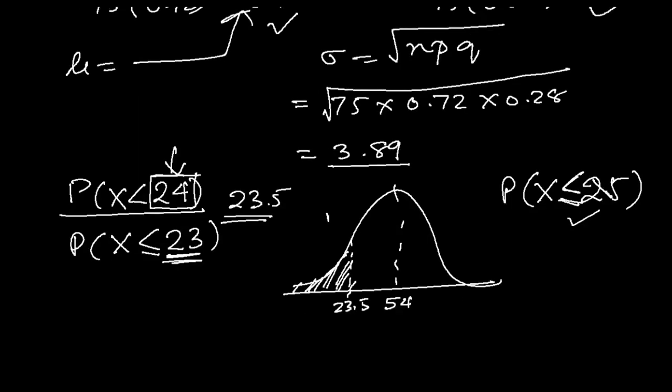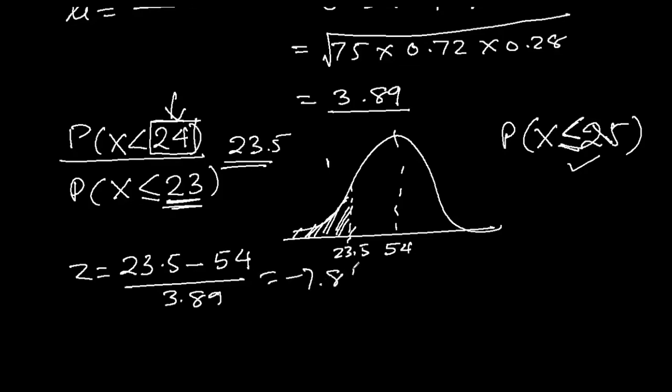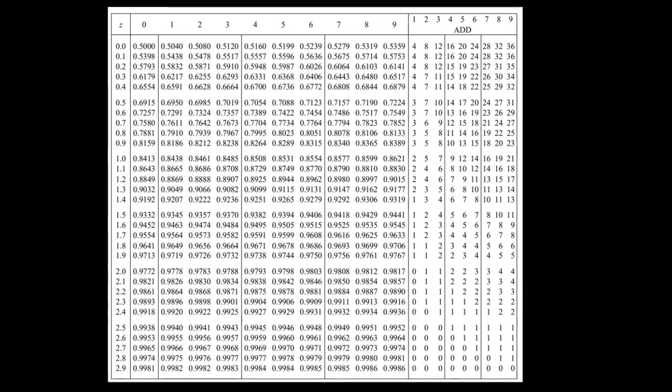So I will first find the z-score. Z-score will be the data, which is 23.5 minus 54 over 3.89, which came out to be minus 7.84. Now, if we look at our normal function table, there is no minus 7 here. Can you see? Even positive 7 is not there.